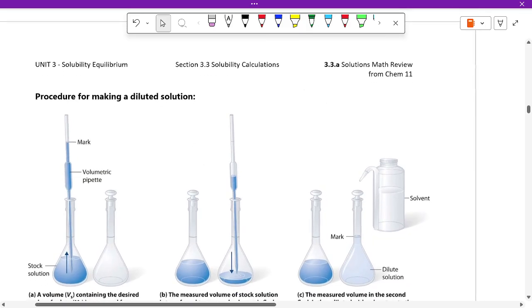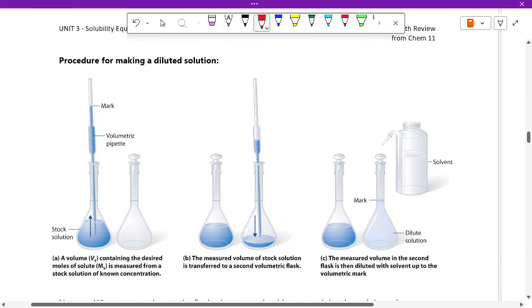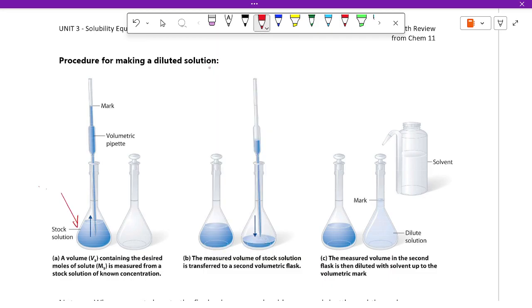Okay, here is the procedure for making a diluted solution. So here we have our stock, concentrated. I don't know why it is in a volumetric flask. I would probably just have it in some sort of storage bottle, but there we are.